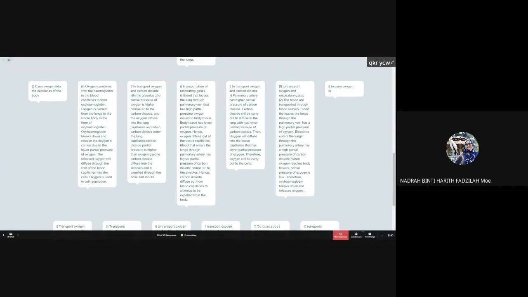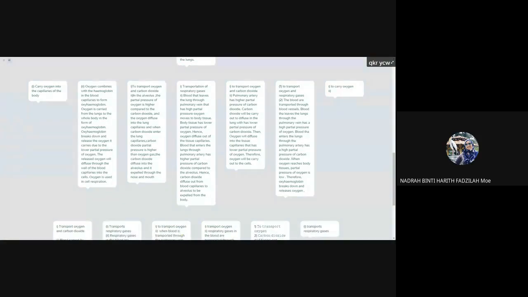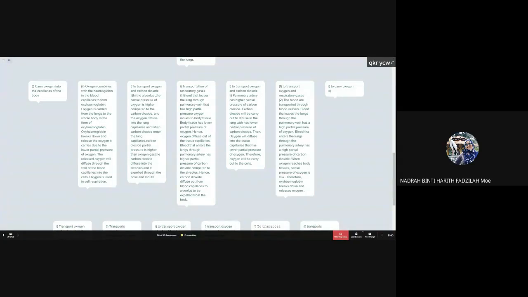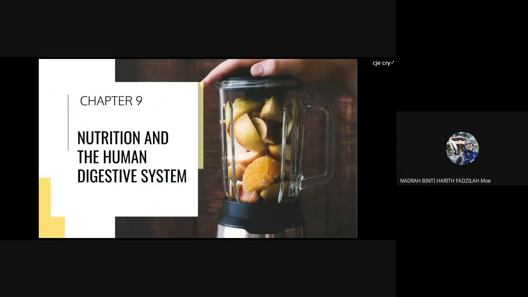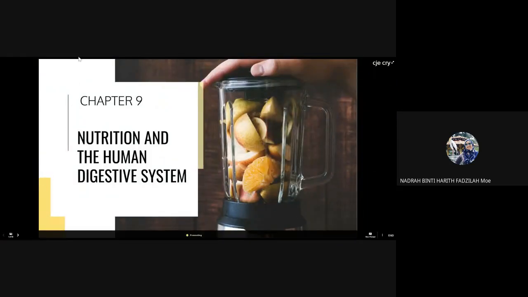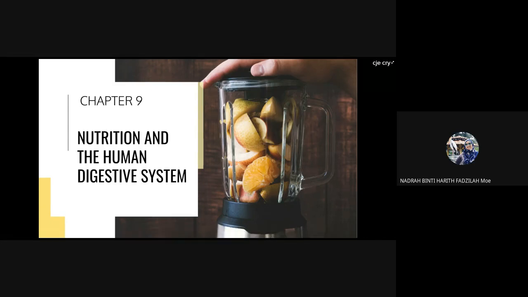Okay anak-anak. Now we have completed discussion on respiratory system and breathing mechanisms. Now let's go to another padlet note. Pada padlet note yang kedua tu, padlet link yang kedua tu saya ada bagi.